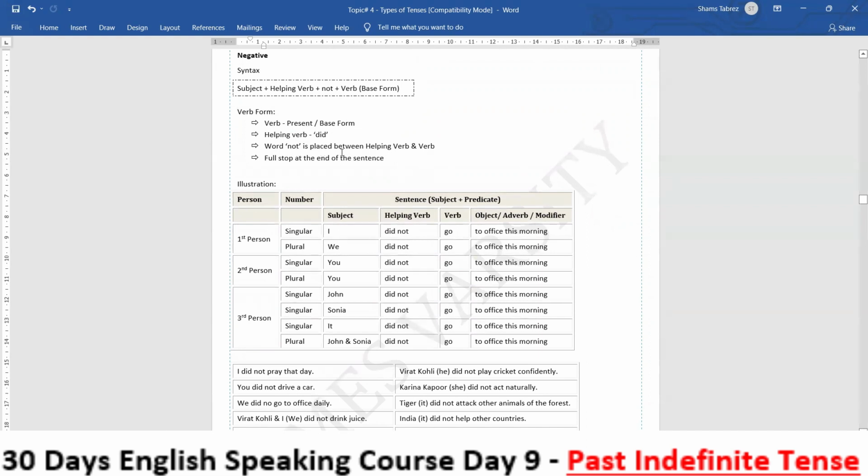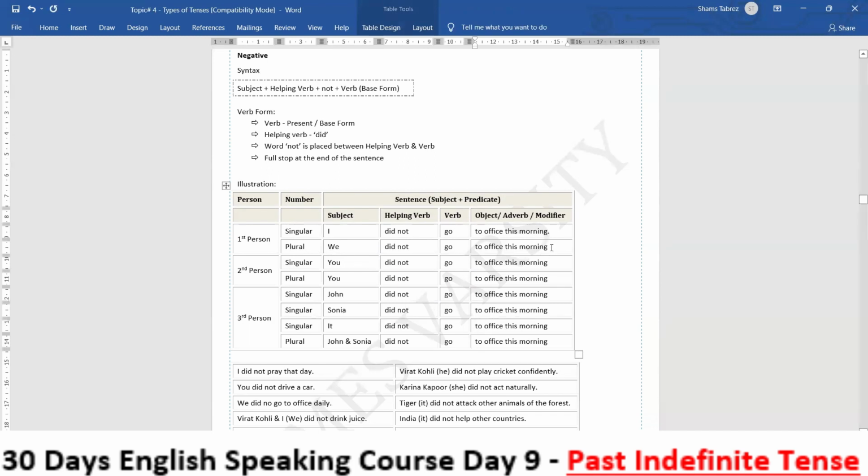The word not is placed between the helping verb and the verb, with a full stop at the end of the sentence. So first person singular: I did not go to office this morning.